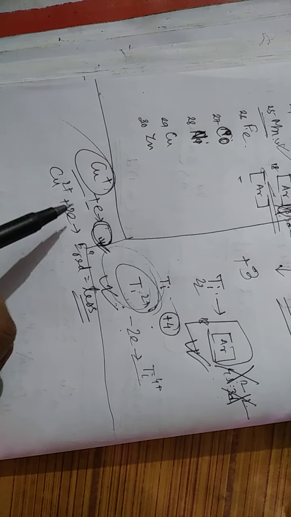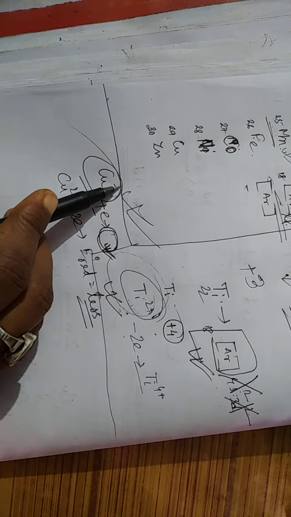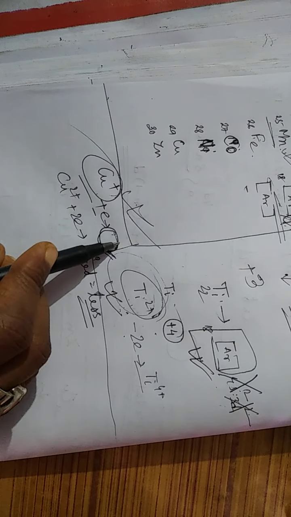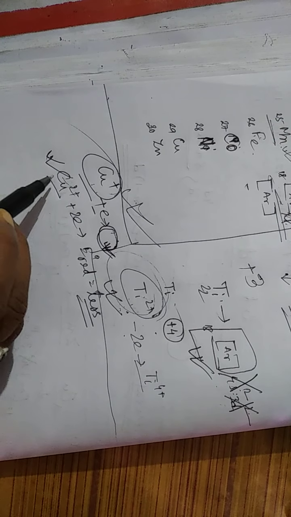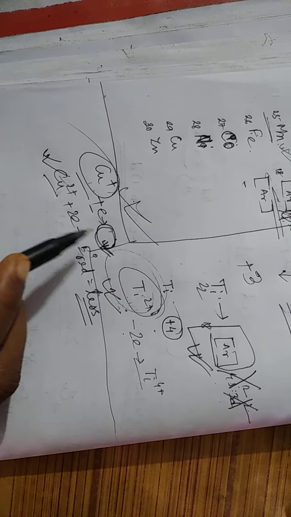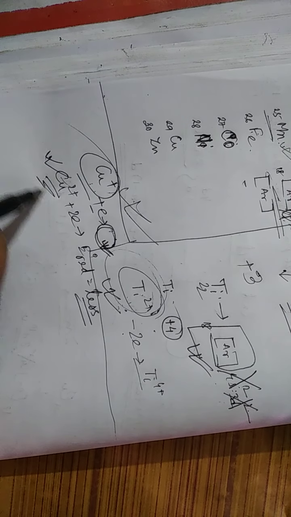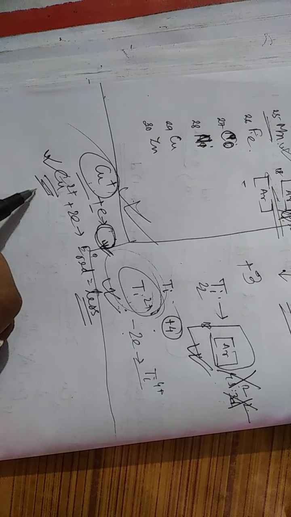So copper 2 plus has the higher tendency to be reduced, and therefore copper plus is more stable than copper 2 plus. Therefore, in the maximum number of substances we see, the oxidation state of copper is +2.